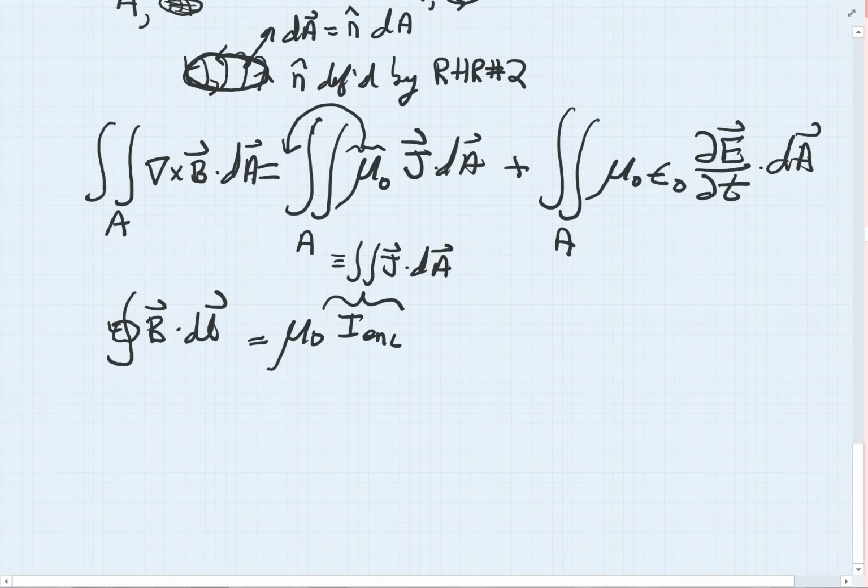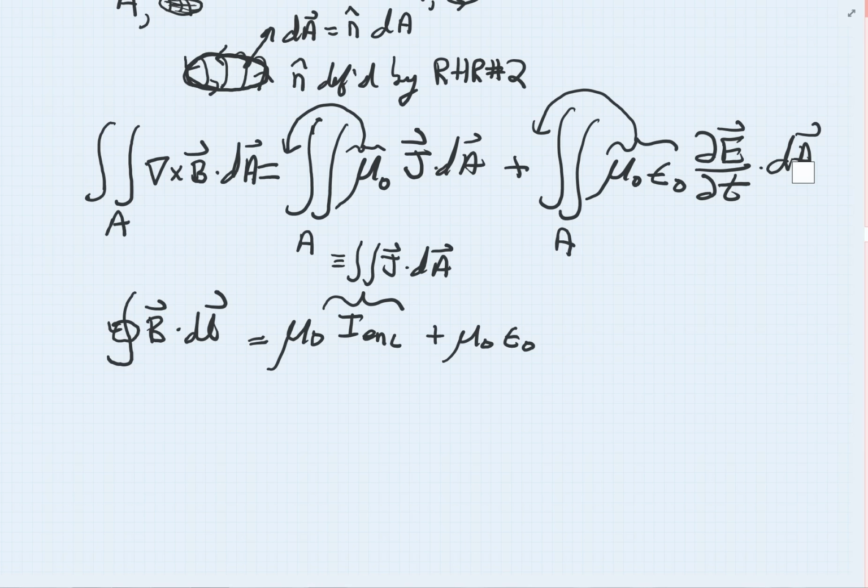The second term we can treat in a similar way. Once again, we can pull all of our constants out, plus there'll be mu naught epsilon naught. Now what we have is the integral of the time derivative of the electric field over the area. Now, remember that an integral is really just a sum. So we have the sum of a bunch of time derivatives of the electric field.